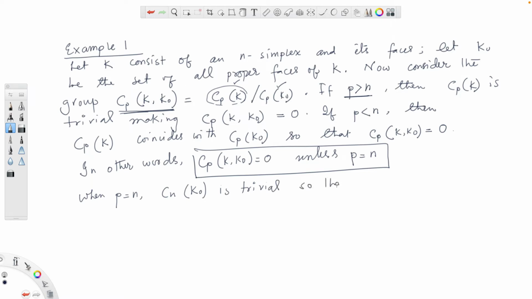So that C sub n of K comma K0, this group of relative n chains on K modulo K0, is equal to simply C sub n of K, right? Since this one is trivial.